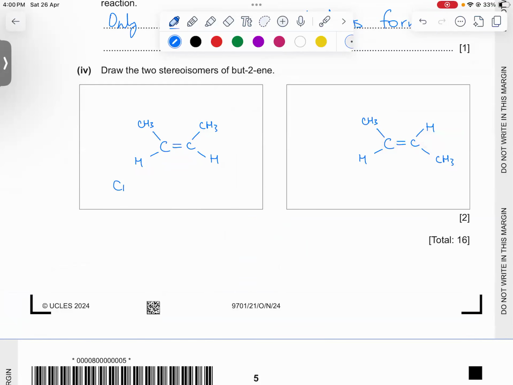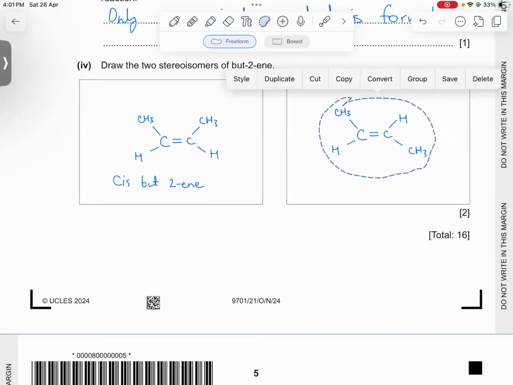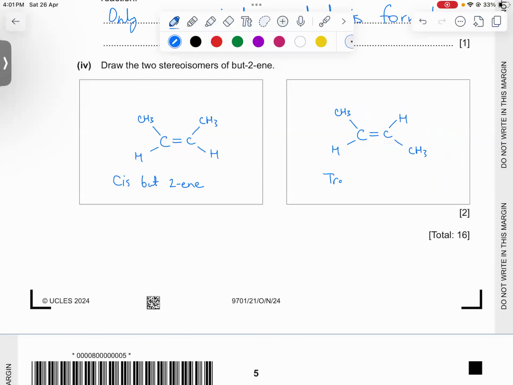This is called cis butene, right? And then this is called trans butene. Okay?